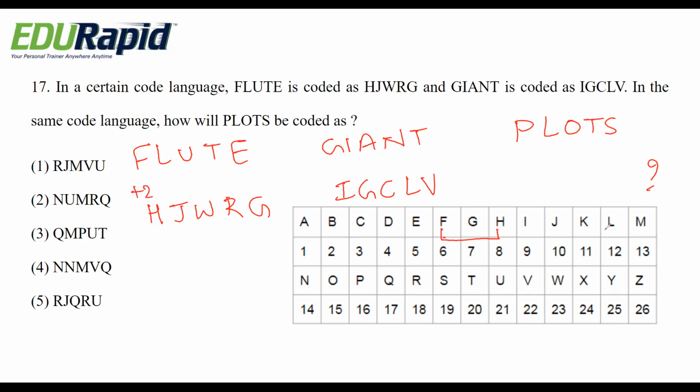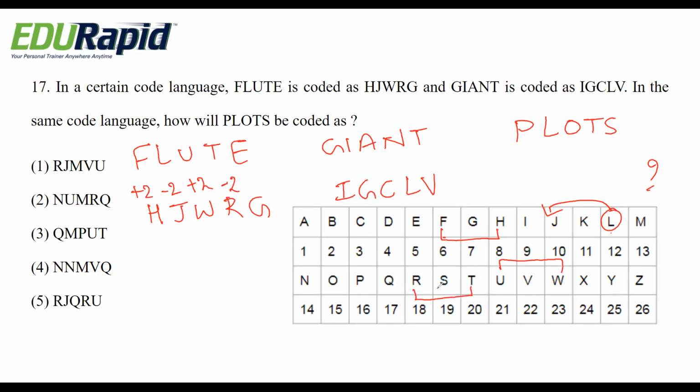So let me go with L. It is plus 2 or minus 2, I think. Plus 2 it will become N, and for L, minus 2 it will become J. Yes, it is J, minus 2. So it will be in the pattern of plus 2, minus 2, I think. Let me check with the U. Yes, for U it is W, plus 2, and for T it is minus 2.